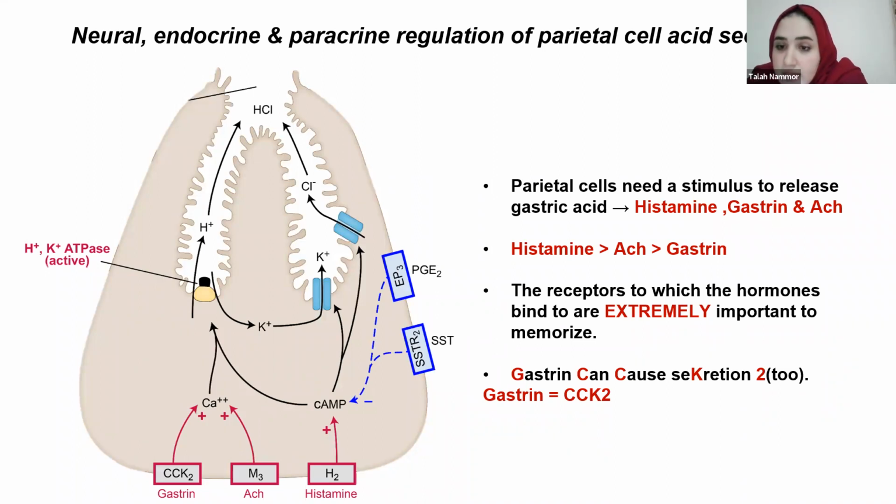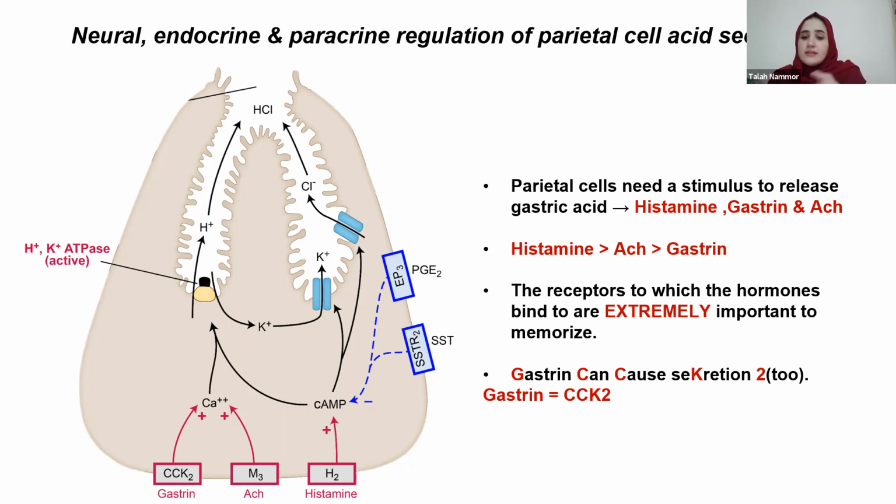Wait, so gastrin can bind to the parietal cell if there is an excess of it? Listen, guys, yes, it can bind to the parietal cell if there is excess of it.